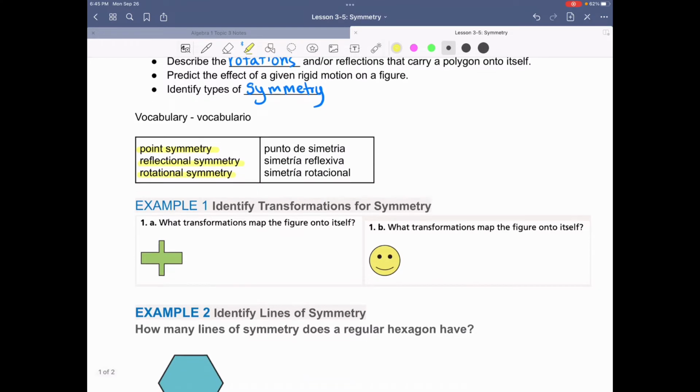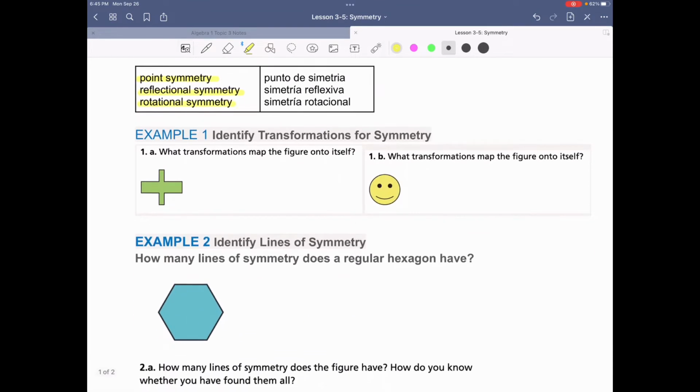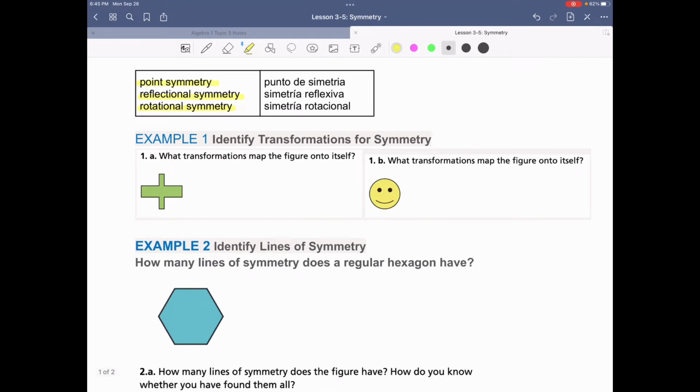Example 1. Identify transformations for symmetry. For example 1a, it's asking what transformations map the figure onto itself. So a transformation is like a reflection, a translation, a rotation. So we could reflect the image onto itself vertically.